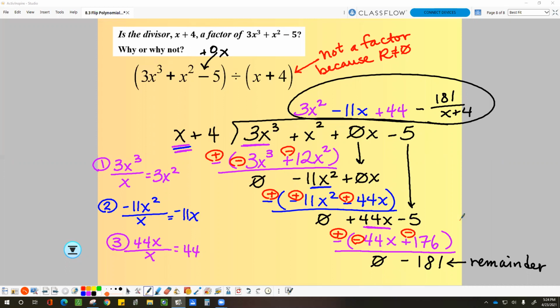So my quotient is 3x squared minus 11x plus 44 minus 181 over x plus 4. And since my remainder is negative 181 and not 0, I'd have to say that x plus 4 is not a factor of 3x to the third plus x squared minus 5.